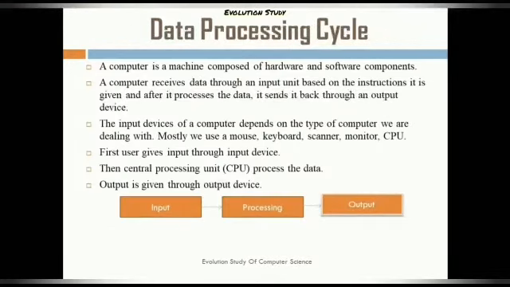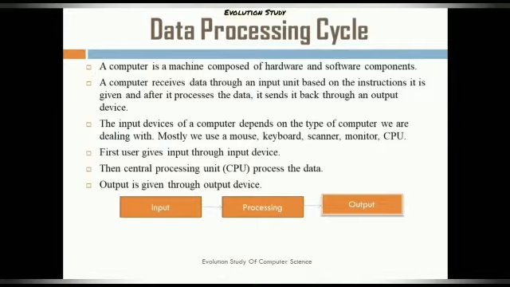Data processing cycle. A computer is a machine composed of hardware and software components. A computer receives the data through an input unit, based on the instructions it is given, and after it processes the data, it sends it back through an output device. The input devices depend on the type of computer we are dealing with.